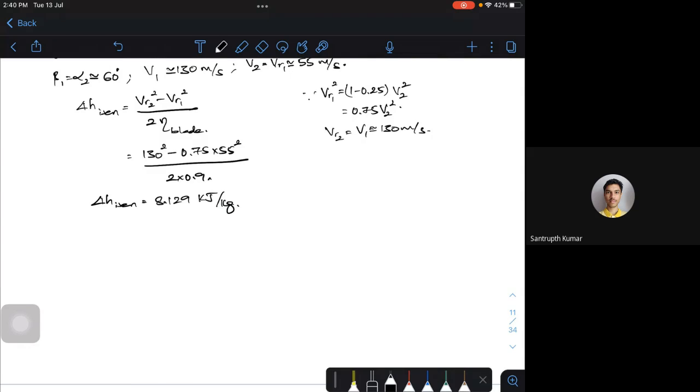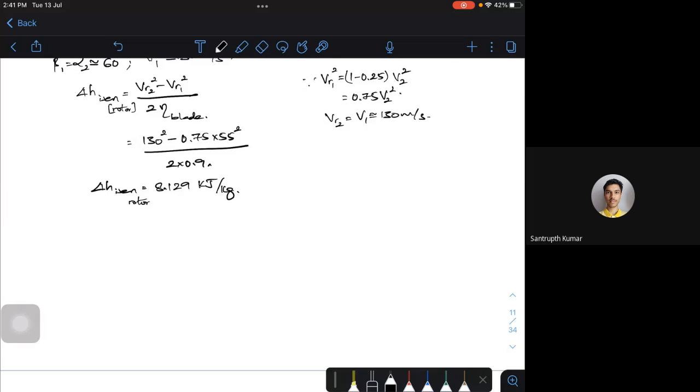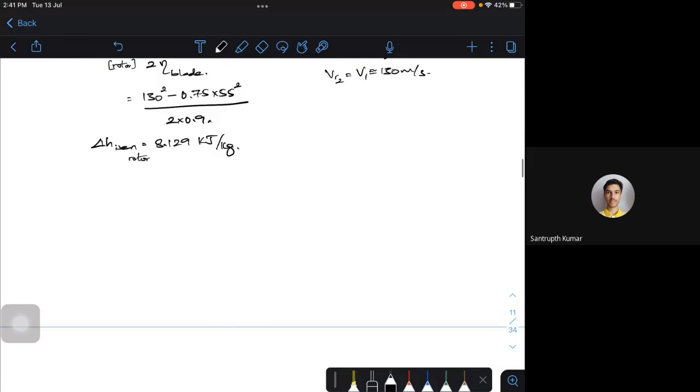Now look closely at what I am getting. This is the isentropic enthalpy drop for a blade, or a rotor, because I am considering the blade. Hope you remember when I was doing the derivation, I told you that for R equal to 0.5, delta H isentropic for the rotor and delta H isentropic for the stator are both the same.